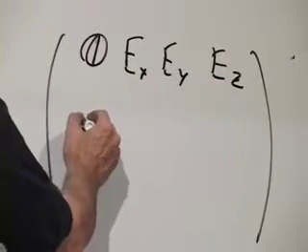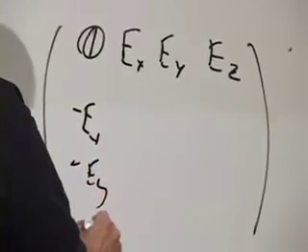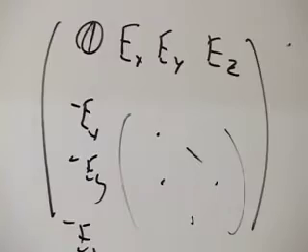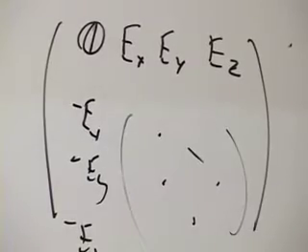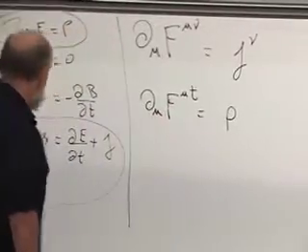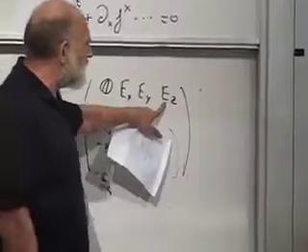We also have minus Ex, minus Ey, minus Ez, and then we have the magnetic field sitting in here in various ways. Okay, so let's see what we have. We have only the time components of F. That means the components along this first row here.